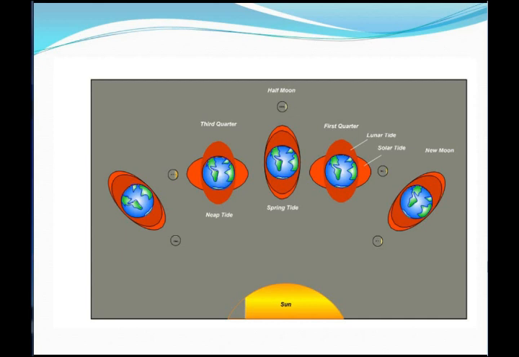So the spring tide range is twice that of the neap tides. The spring tides are greater than the average, and the neap tides are lesser than the average. Approximately, the spring tide would be twice that of the neap tides.